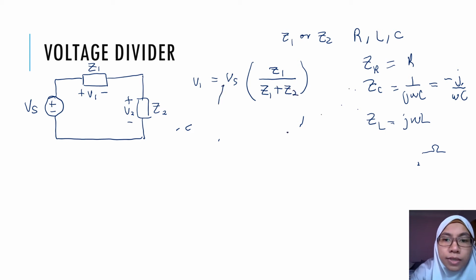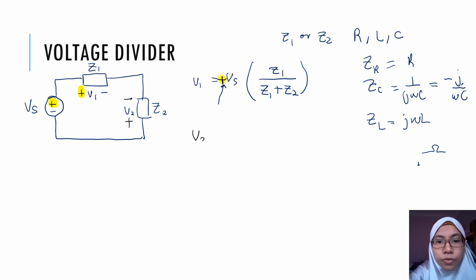But what is the sign in front of the Vs here? The sign can be seen by looking at the plus here meeting the plus there. So plus with plus, you should have plus in front of here.